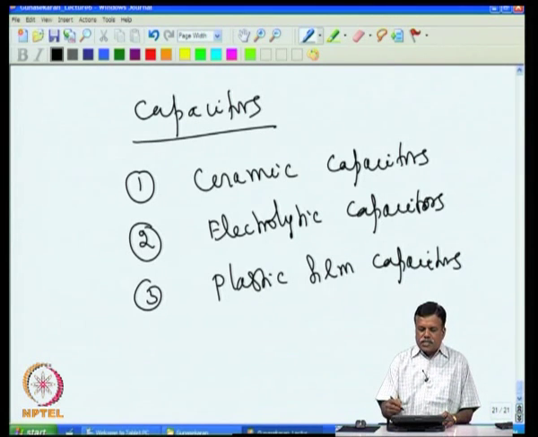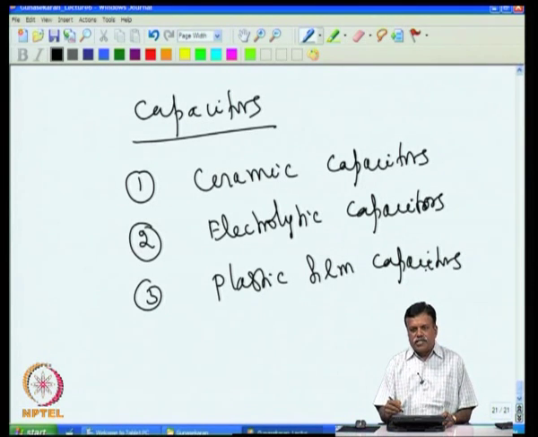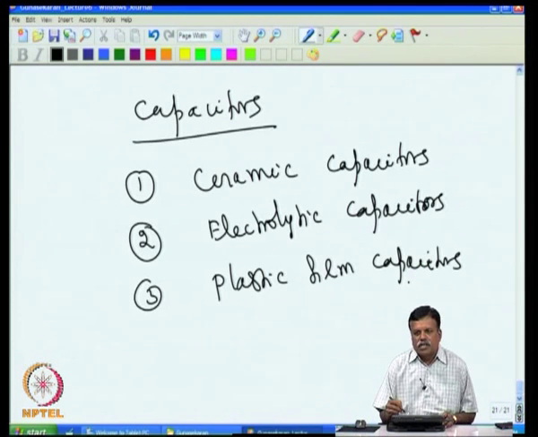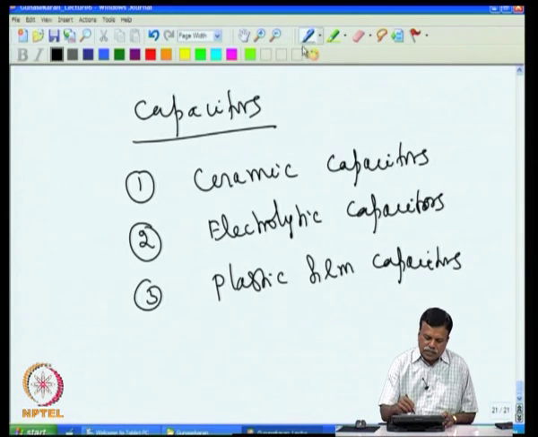If you look at their characteristics and usage, they are totally different. Like resistors, we also have to be very careful about capacitor usage and their properties, because in analog circuit design that is a major issue.